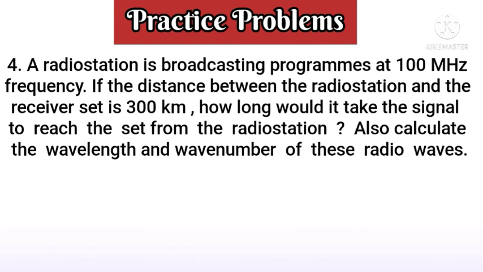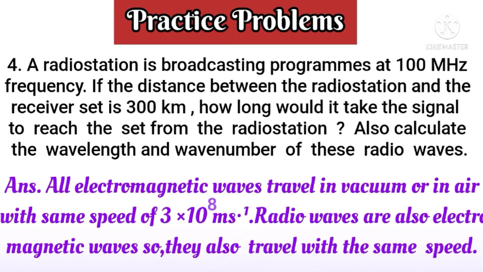First of all, we have to see what all things are given to us. See, the frequency has been given and the distance has been given, and we have to find the time, wavelength and wave number. Okay, so we know that electromagnetic waves have a speed of 3 × 10^8 meter per second, and radio waves are also electromagnetic waves.